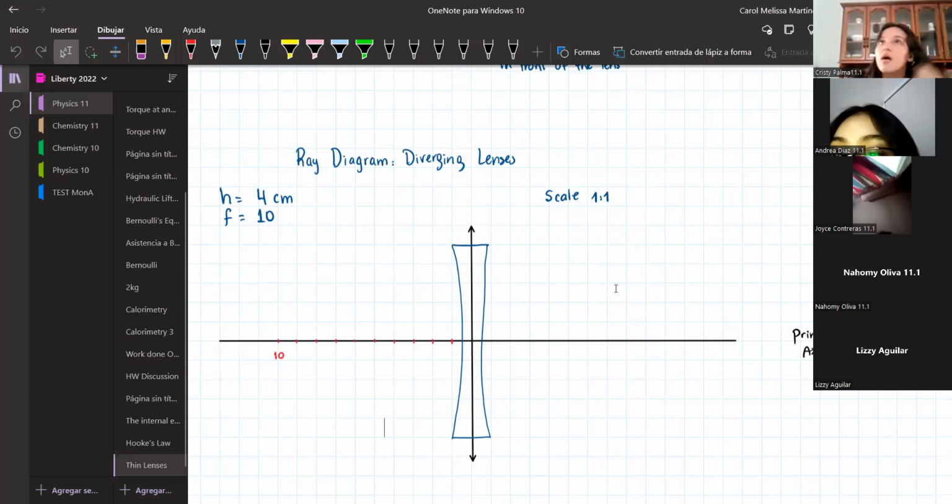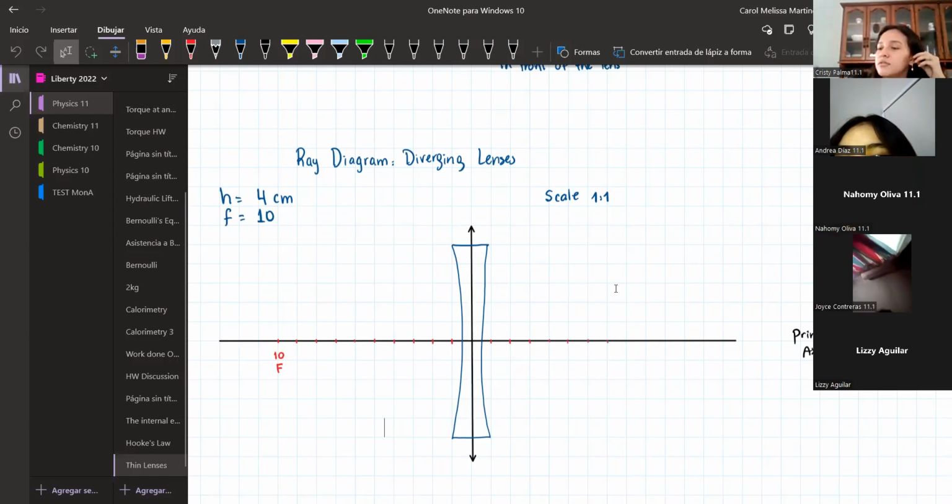Ten units, okay? So this is F. And I need to place the other F in the back of the lens, okay? So 1, 2, 3, 4, 5, 6, 7, 8, okay? This is the other F.